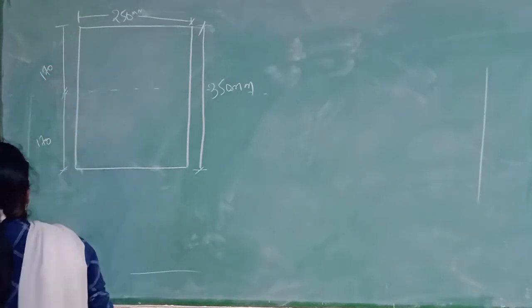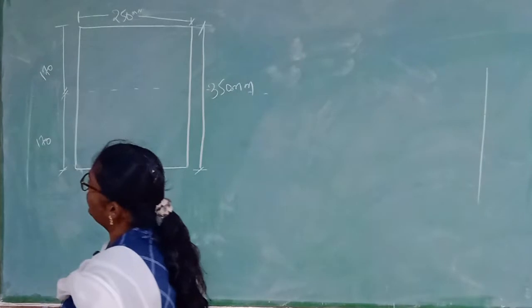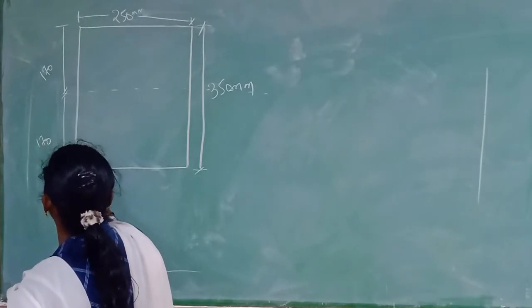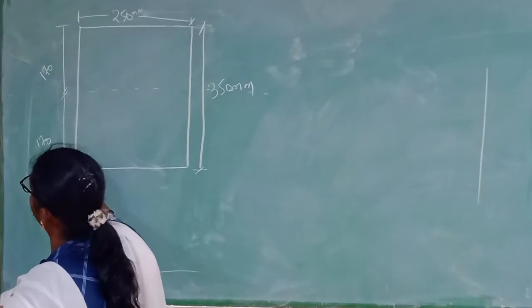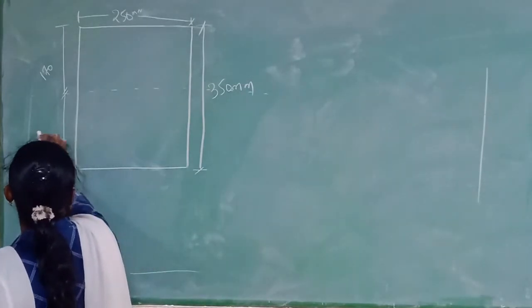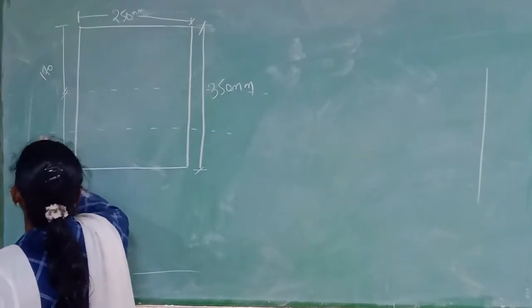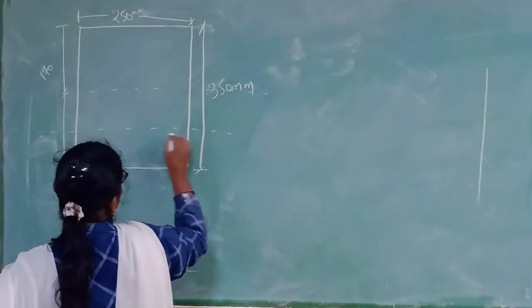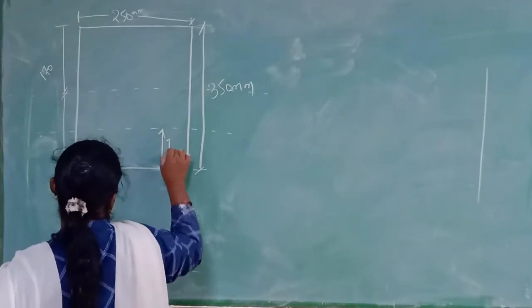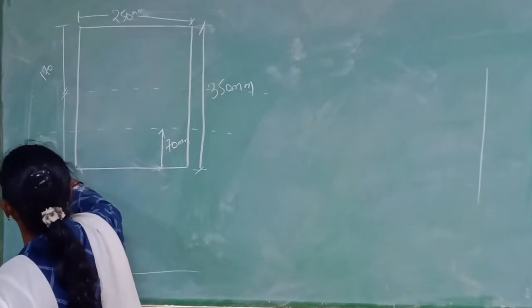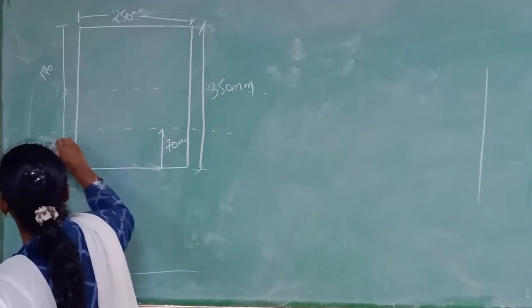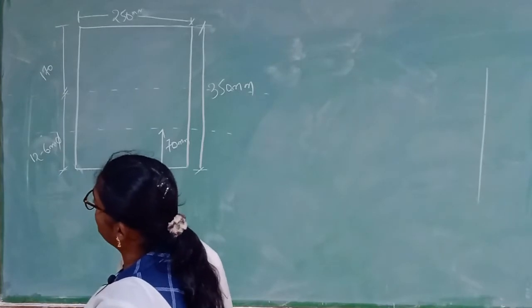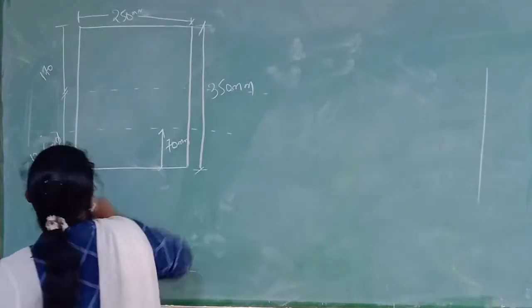Your B will be 250, and he is asking for the 12 high tension members from the bottom at 70 mm, and from the top, 40 mm from the top.